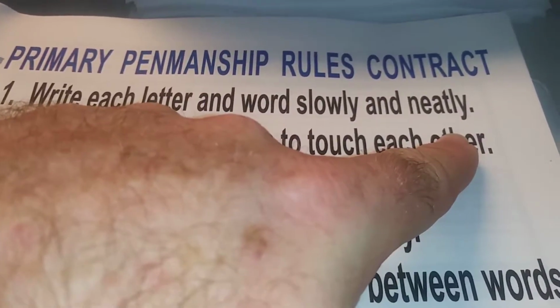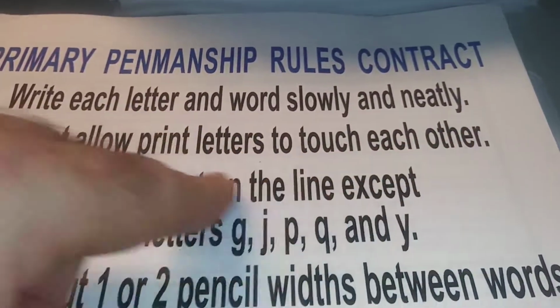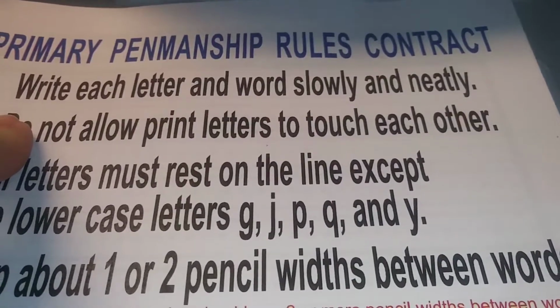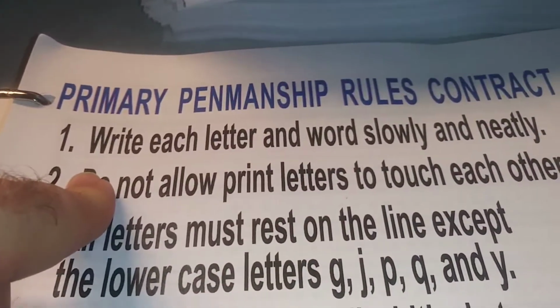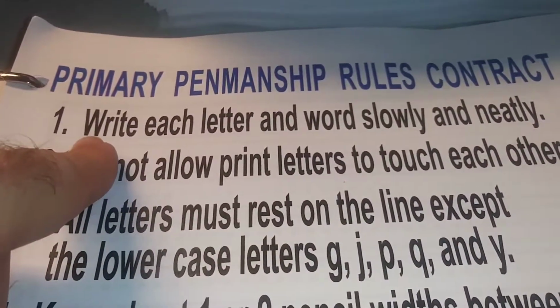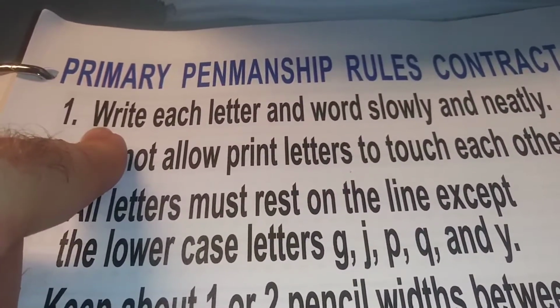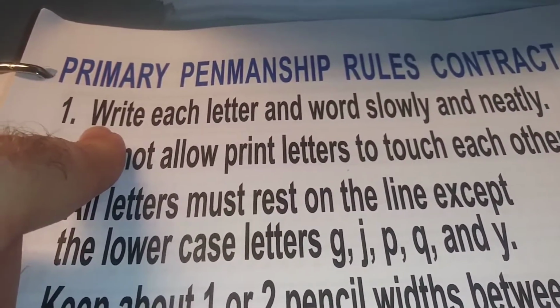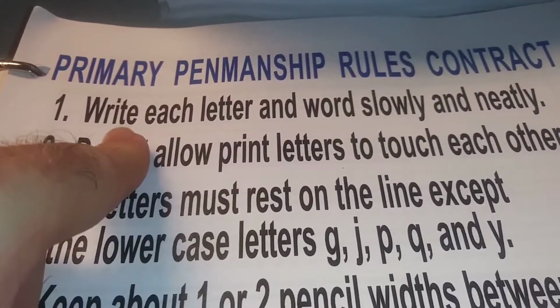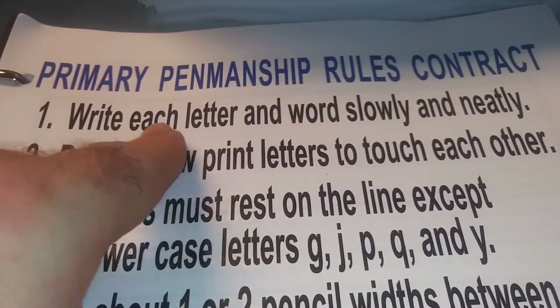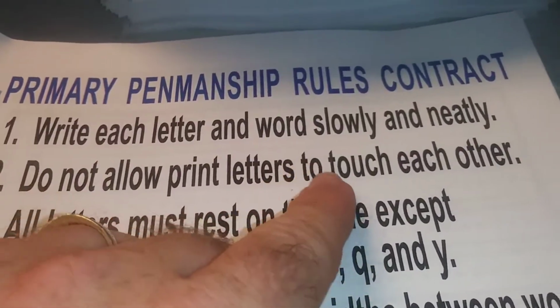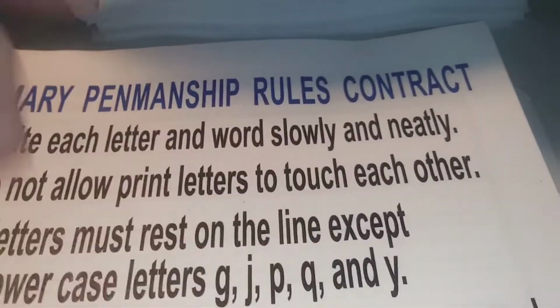And for kinesthetic learners, make them physically do something. I'm going to give you a couple of ideas here. Number 1, I would say, if I'm teaching it with the kids, capital, because it starts with a capital, every sentence does. Write each letter and word slowly and neatly, period.